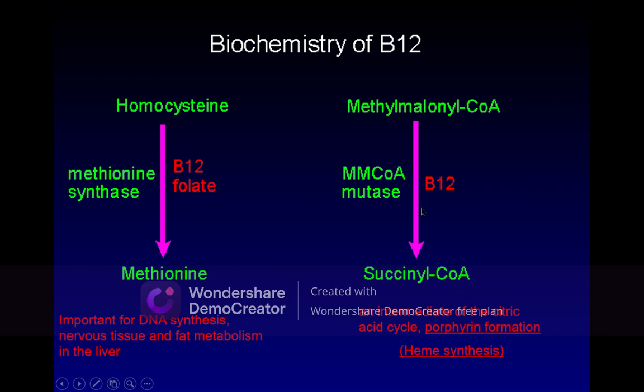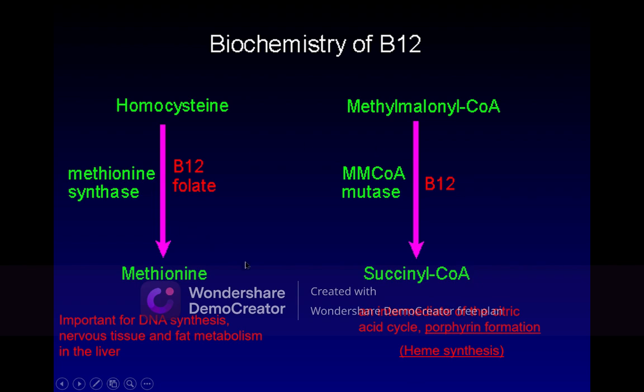It does not need folate, but it is an intermediate product of the Krebs citric acid cycle, and there is formation of porphyrin. It will cause heme synthesis, so it is also one of the hematopoietic agents. Specifically, if B12 is deficient, it will cause problems in the nervous tissue.